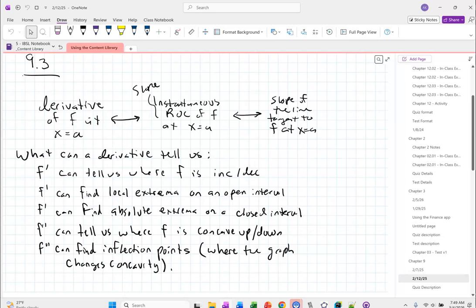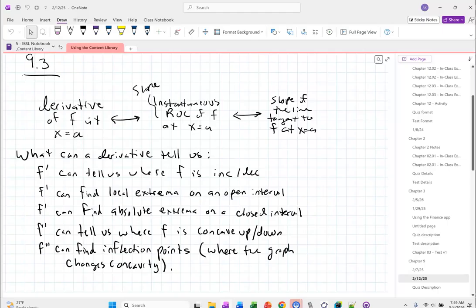And if I look at the second derivative, and I look at where that's positive and negative, that can tell me where f, the original function, is concave up or concave down. Remember, concave up looks like a cup, where you fill it with water. Concave down looks like a hill, where you pour the water on it and it runs off.